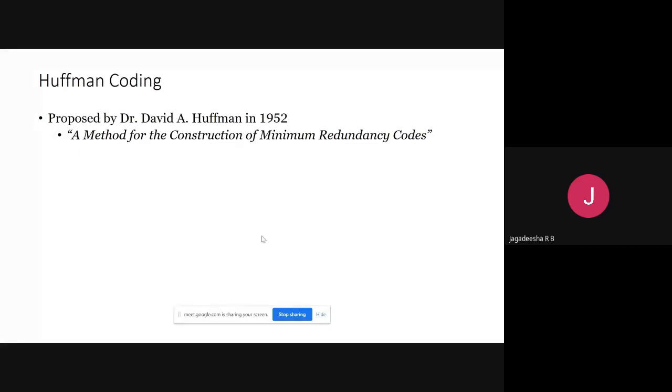Okay, so Huffman coding, as I said, is another variable length coding. It was proposed by David Huffman, who was a graduate student at MIT, United States, and he introduced his findings in one of the publications.